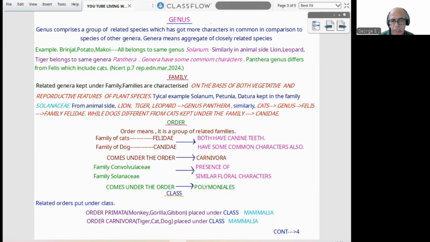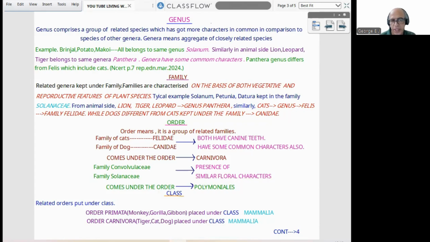Next is family. Related genera are kept under a family. Families are characterized on the basis of both the vegetative and reproductive features when we discuss the plant side. A typical example is Solanum, Petunia, Datura, kept in the family Solanaceae, which we'll be learning.